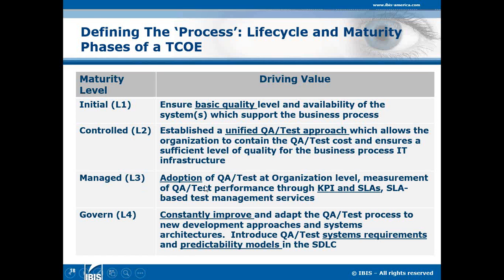Level 3, we've now adopted that approach, and we now are able to provide value-added metrics back to our business partners and project management office through the measurement and tracking of KPIs and SLAs. And then in the level 4, which is governed, we're constantly improving, and now we're more predictable in how we're going to develop and execute our testing and the metrics that we're reporting back to our organization.